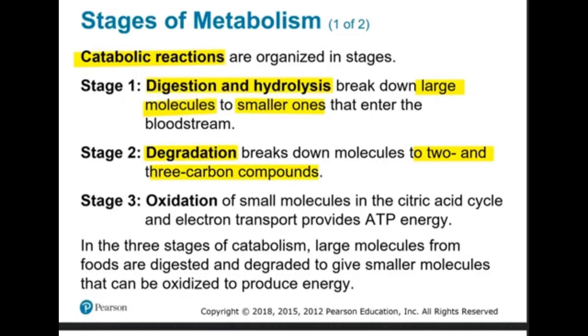And then the final step is the oxidation of these 2 to 3 carbon intermediates in the process called citric acid cycle and electron transport chain, so that they can release energy used for ATP synthesis.